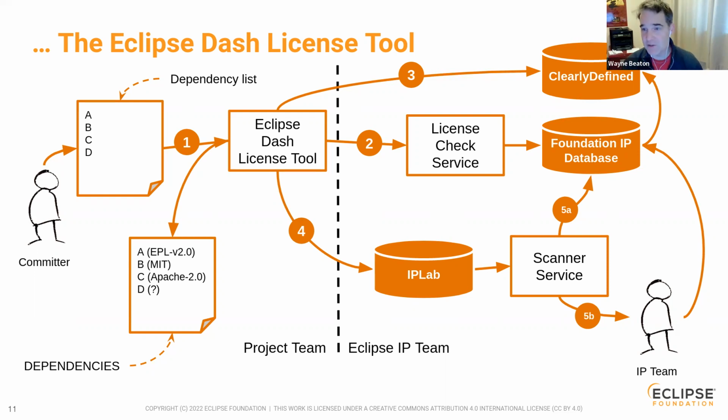That checks the Foundation intellectual property database, and whatever information it finds there, it returns to the tool. If the tool finds, after that operation, there are outstanding items or things that require further information, the tool then queries ClearlyDefined, and we have a criteria for that. If the licenses that are reported by ClearlyDefined are all on our approved list, and the license score in ClearlyDefined is, I believe, 60 or higher, we just approve it.